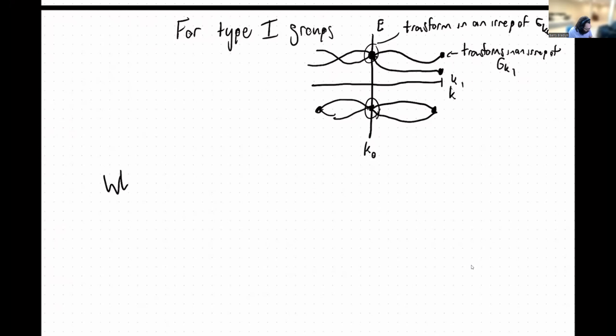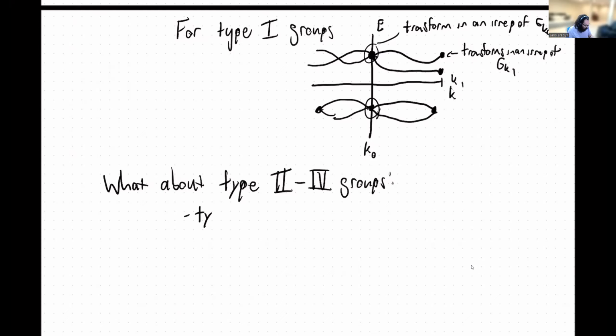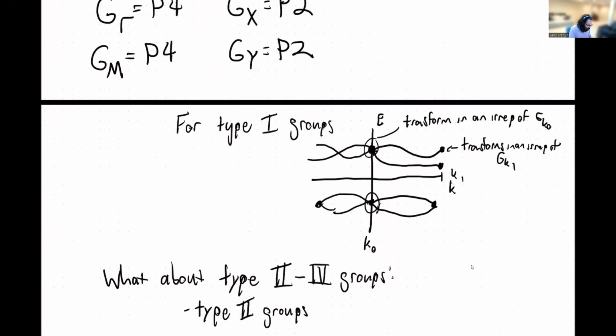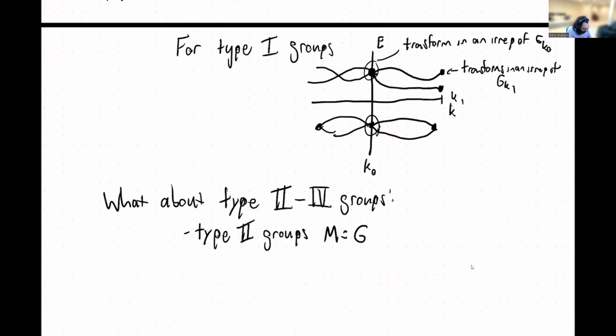So type 2 to 4 groups. Oh, that's a 6, not a 4. Well, in type 2 groups, our space group has the form a type 1 group union time reversal times a type 1 group. And there's two possibilities for the little group at each K point in a type 2 group.